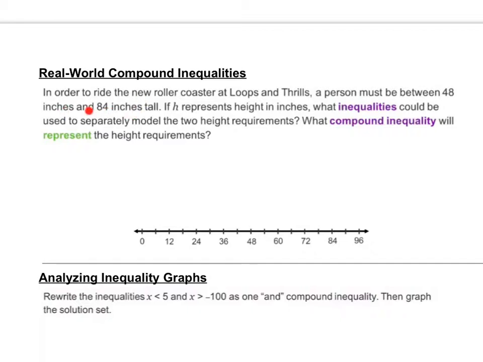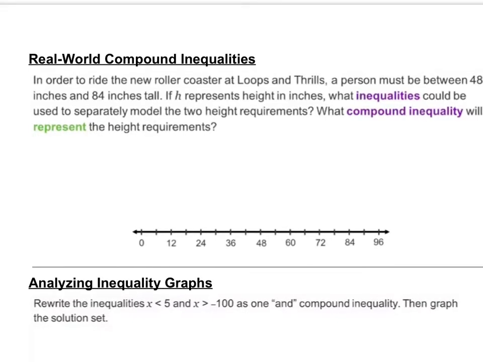So they have a range between 48 and 84. If they're smaller than 48, they don't fit. If they're larger than 84 inches, they don't fit either. So if h represents the height in inches, what inequalities could be used to model the two height requirements, and then what compound inequality will represent the height requirement?